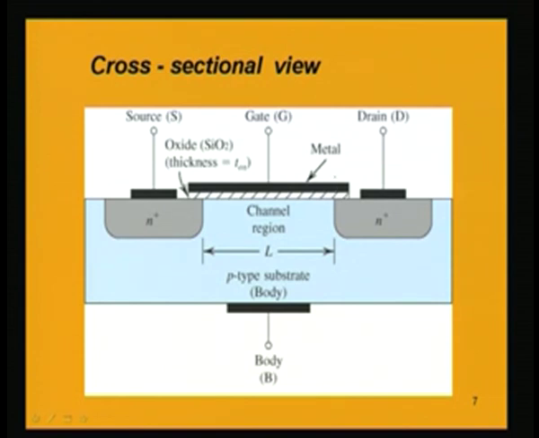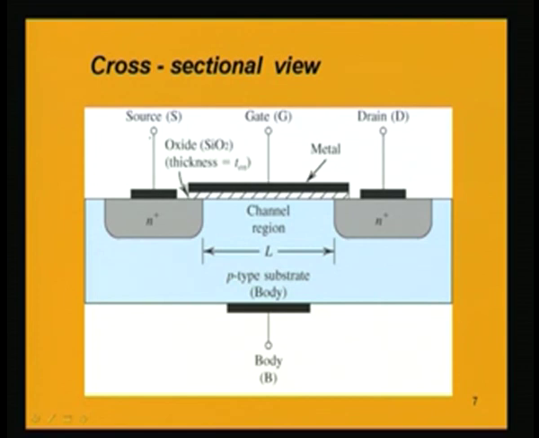On the top of this silicon dioxide we will have the metallic contact which is the gate terminal, as shown here. The gate terminal is taken out from this metallic contact which is grown over the top of the silicon dioxide, and similarly on the 2 N type regions, which are the source and the drain, we have the 2 metallic contacts out of which the 2 terminals, source and drain, are taken out.